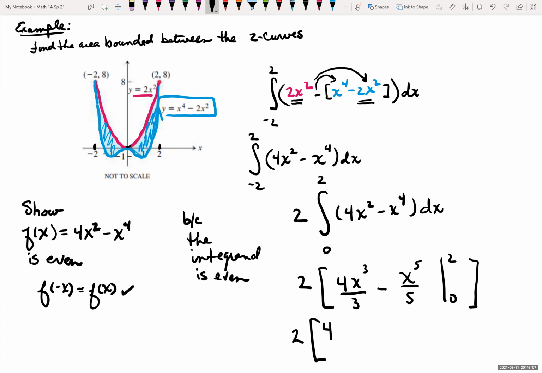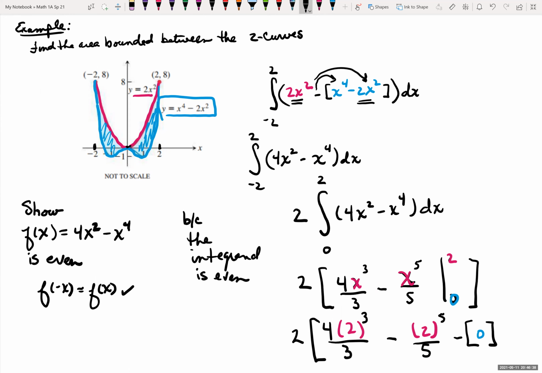So we can go in here, we can plug in our upper bound wherever we see an x. So we have 4 times 2 cubed all over 3 minus 2 to the fifth all over 5 minus, well, if we plug in 0 wherever we see an x, 0 minus 0 is 0.